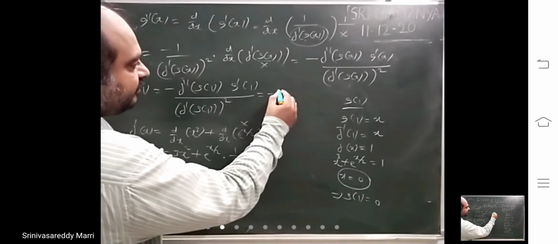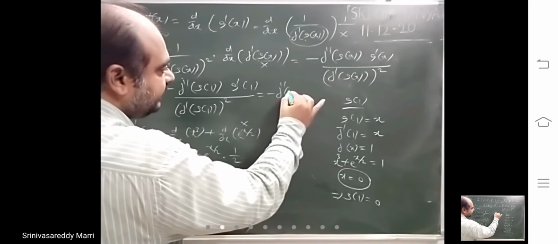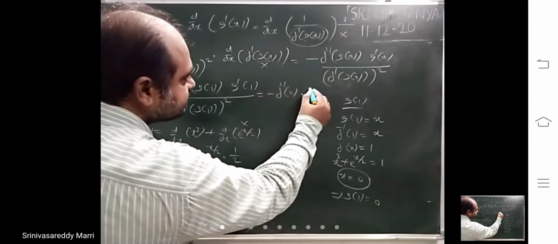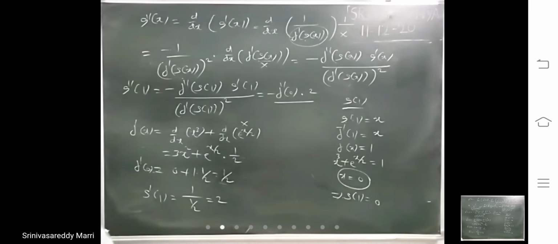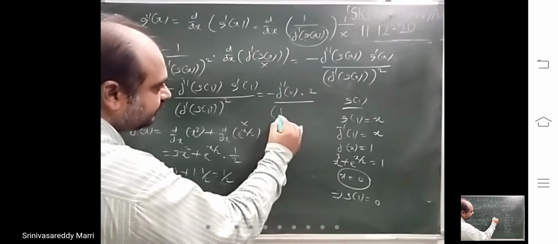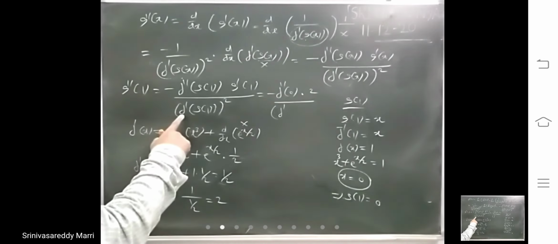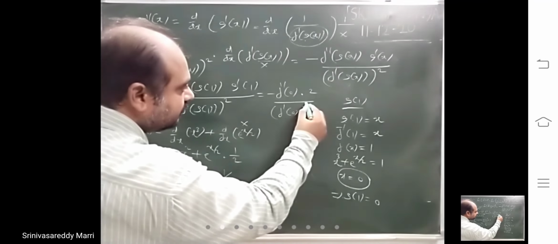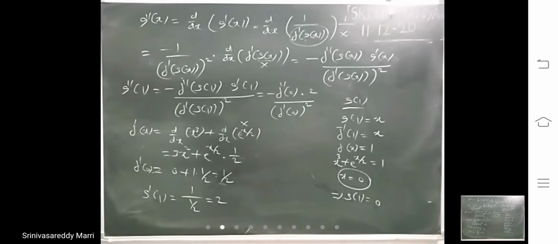That means the above is minus f double dash 0 into g dash 1, already calculated. g dash 1 is what? 2. Divided by f dash of g of 1, that means f dash 0 whole square.